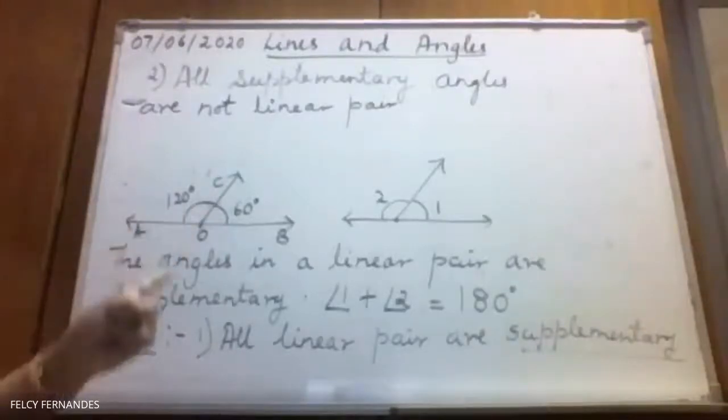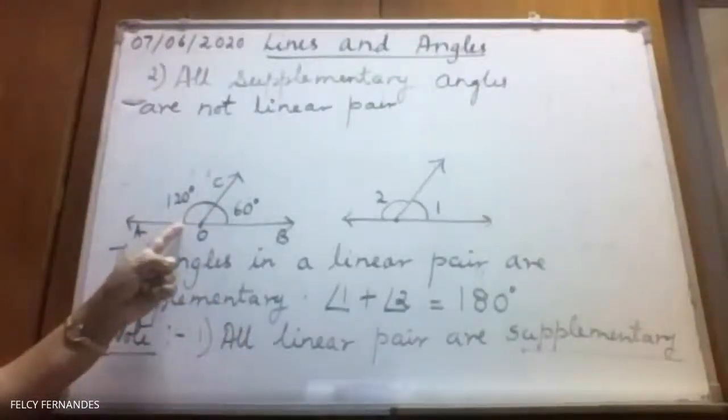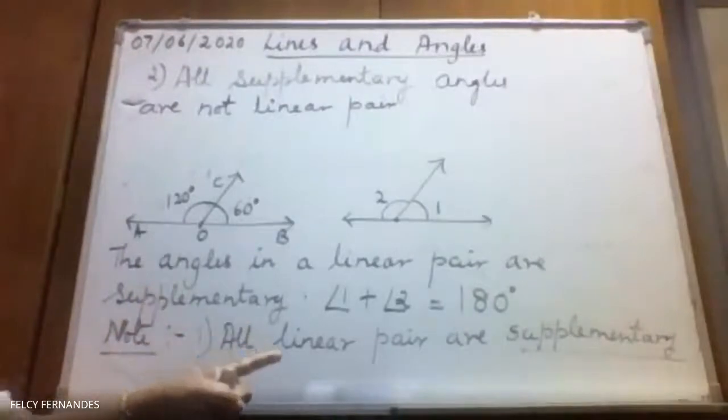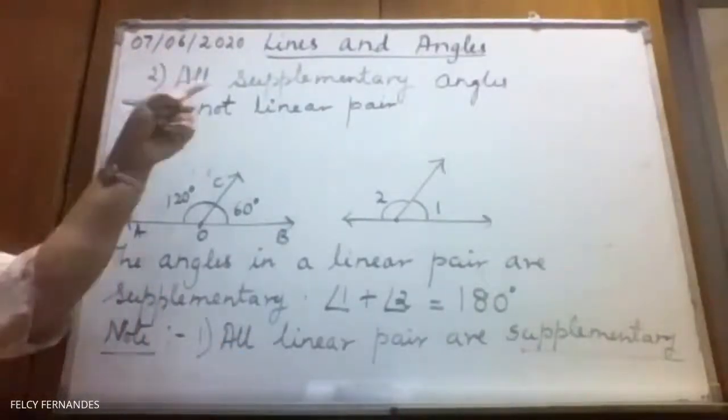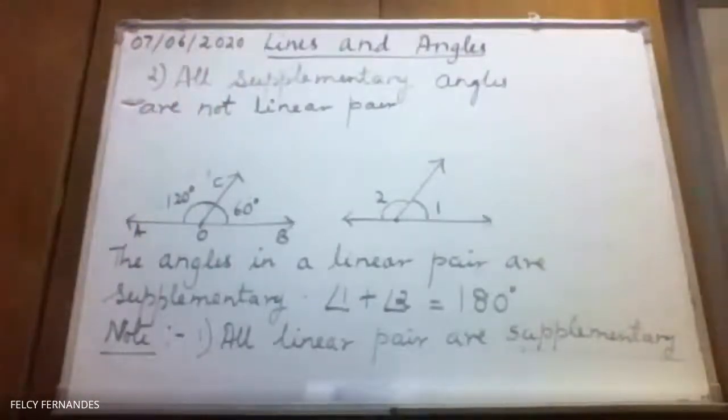So all linear pairs add up to 180. That's why they're supplementary. But all supplementary angles are not linear pairs. They need not lie on the same line. They can be two different angles.